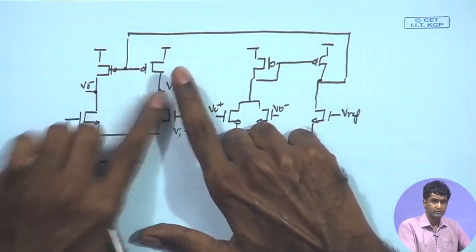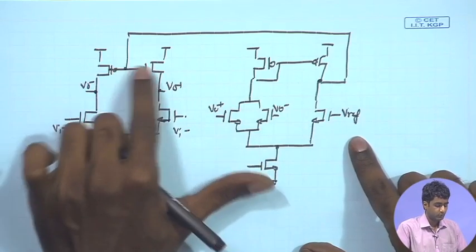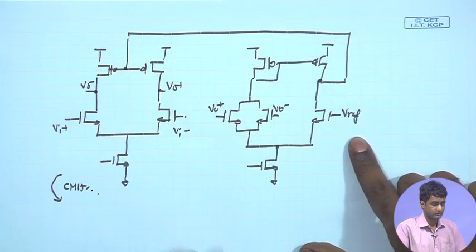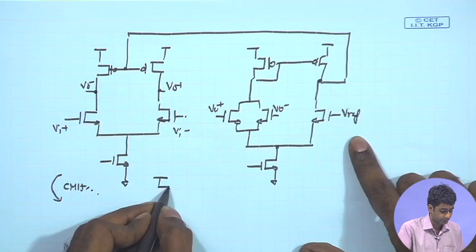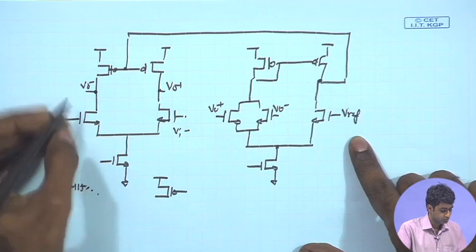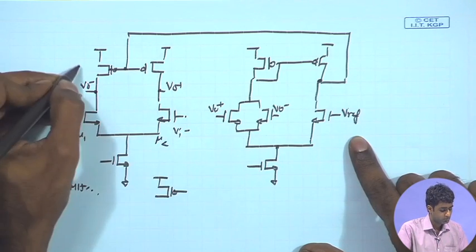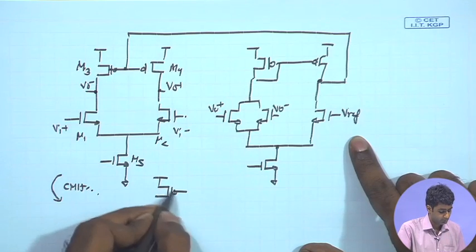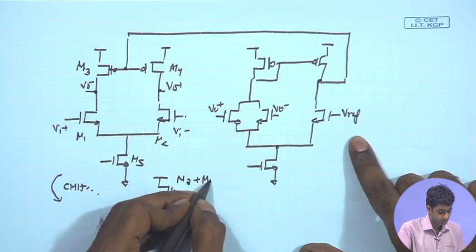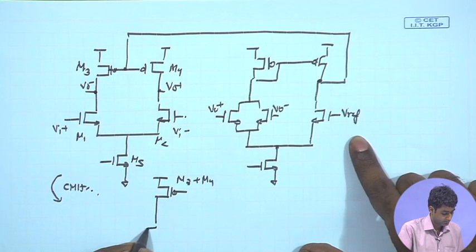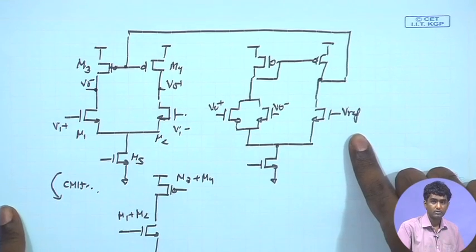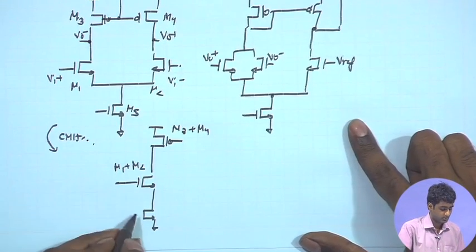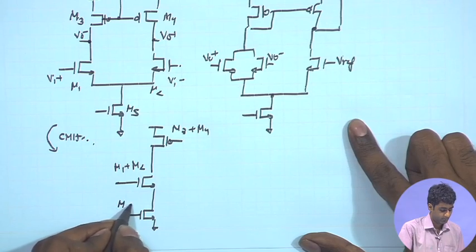Therefore, for common mode analysis we tied them together, and therefore, the two PMOS transistors and the NMOS transistors were combined together to arrive at the common mode half circuit. So, if I call this M1, M2, M3, M4 and M5, I can write this as M3 plus M4 and M1 plus M2 and M5.